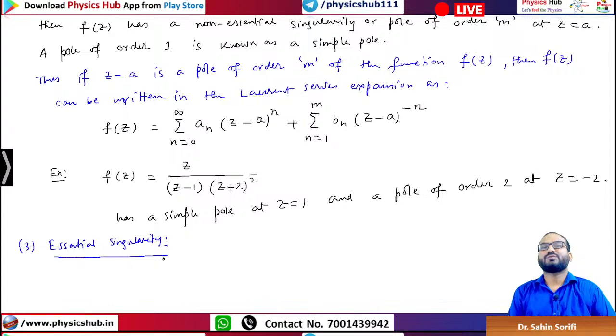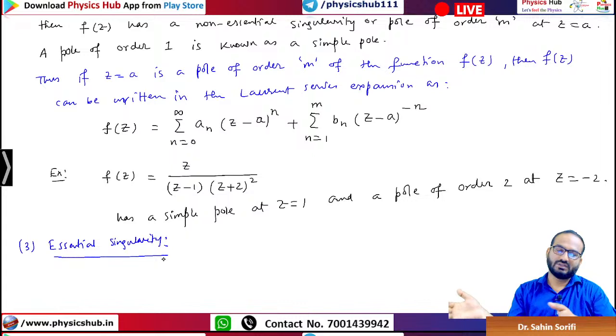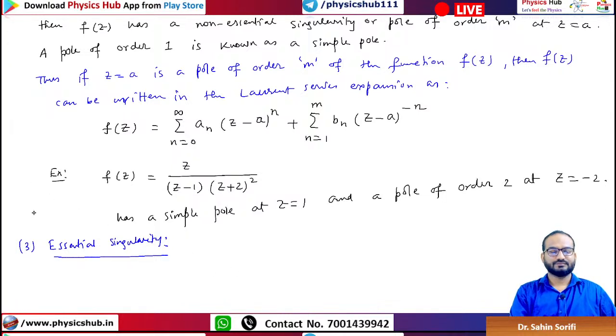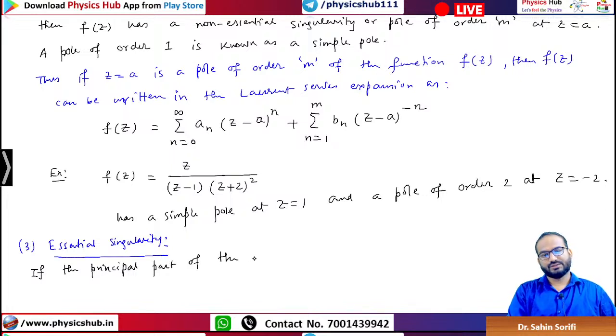Look, for removable, the principal part contains no terms. For non-essential, the principal part contains a finite number of terms, maybe 2, 3, 4 or something like that. So, what will it be for essential singularity? How many terms should it contain? Tell me, guys, if the principal part of the Laurent series expansion contains how many terms?